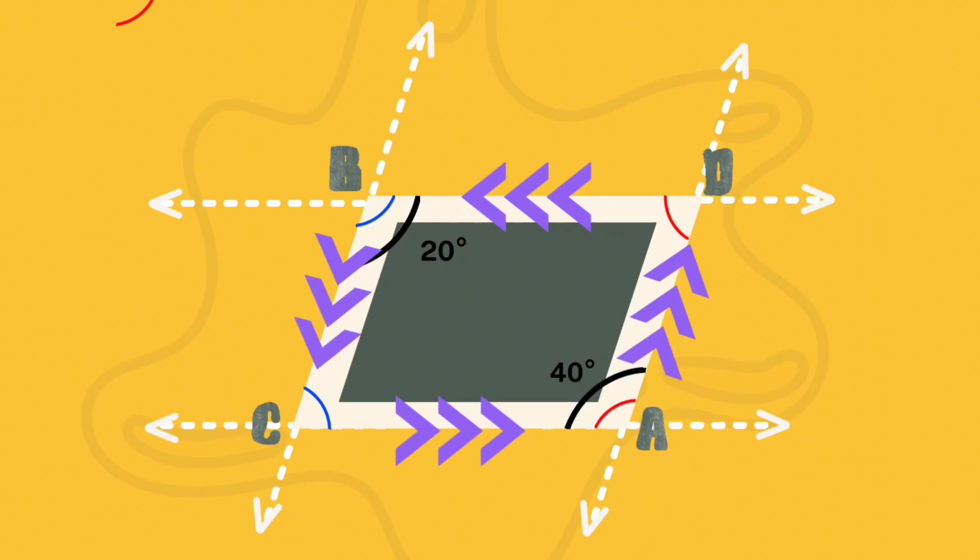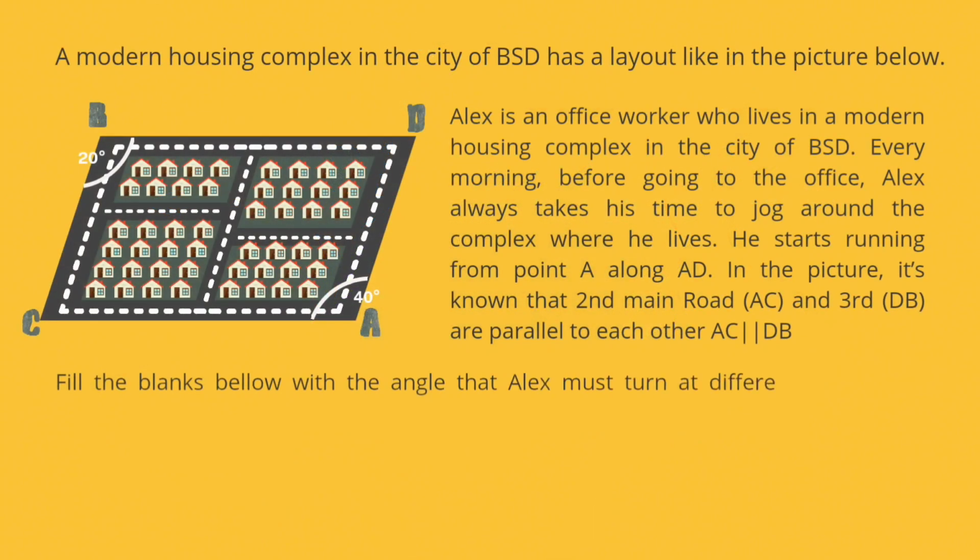If we take DA as the transversal on the parallel lines DB and AC, then angle CAD and angle ADB are co-interior angles. Similarly, if we take BC as the transversal, then angle CBD and angle BCA are co-interior angles. Let's discuss the approach of solving this question.